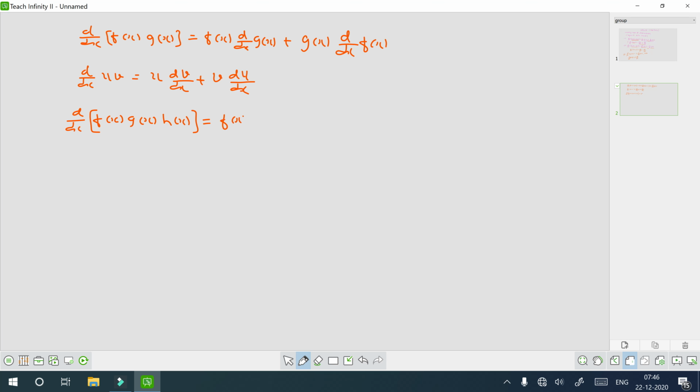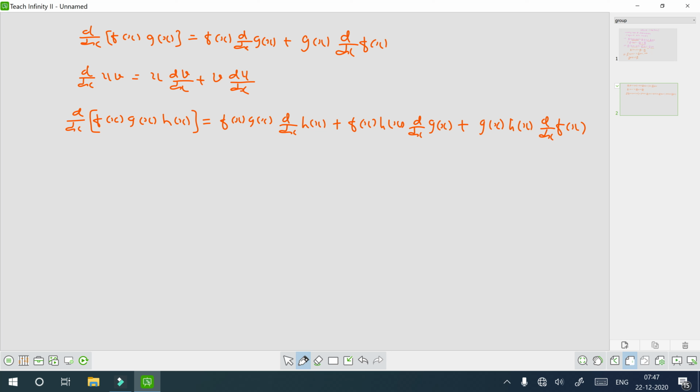First function as it is derivative of last one plus first and last as it is derivative of middle one plus second and last term as it is derivative of first one. This is the product rule for three functions.